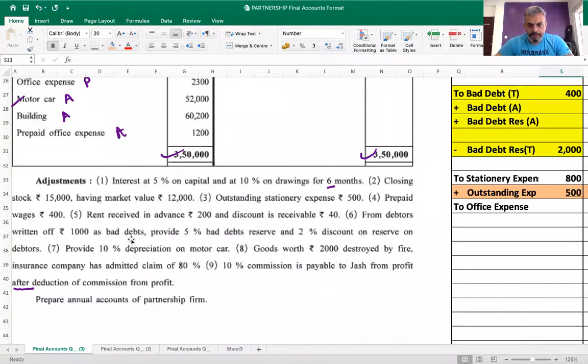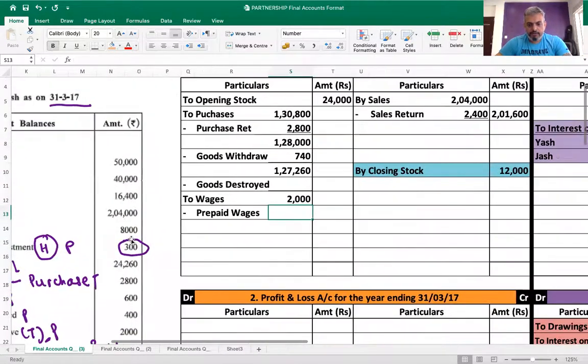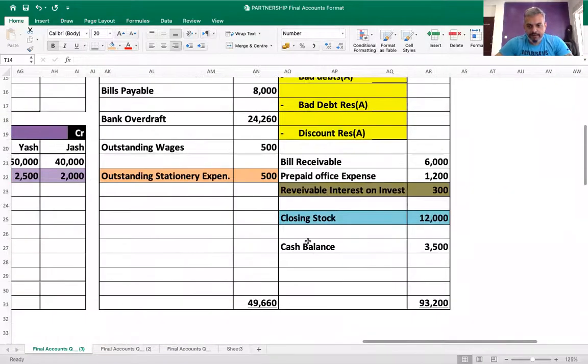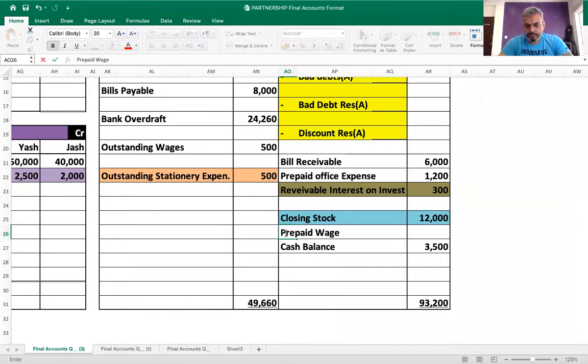How much is prepaid wages? 400. 1600. Second effect, prepaid wages 400.